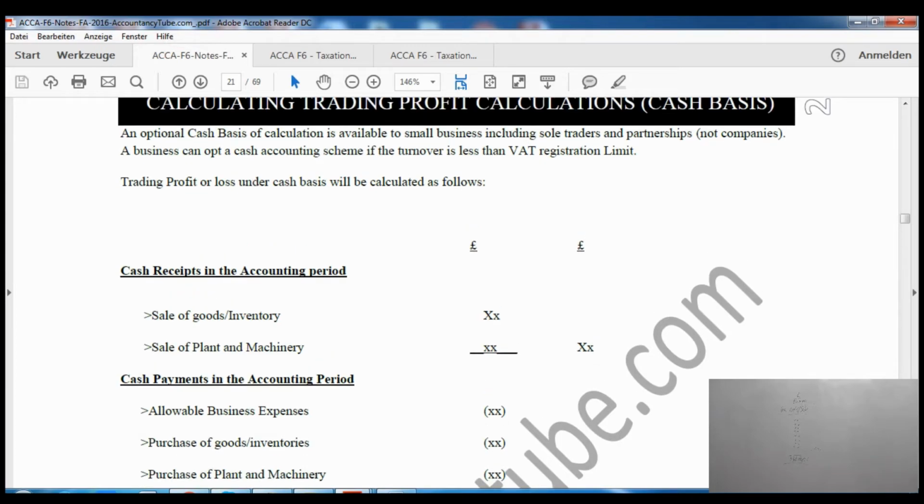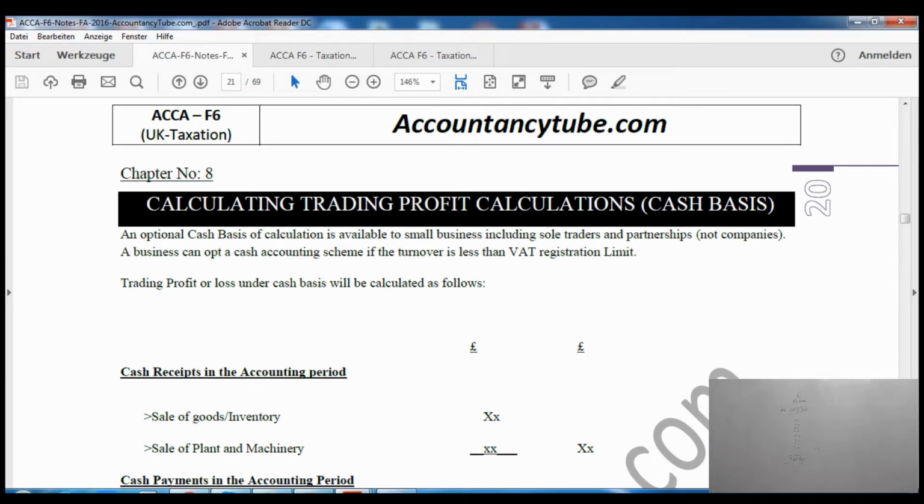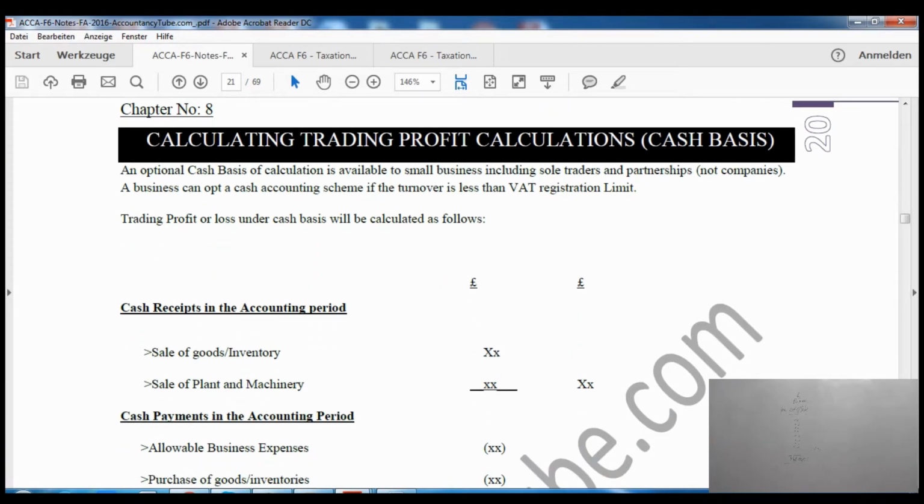The next chapter, which is chapter number 2, takes a little different approach, which is the cash basis, and that's very, very easy as well. You are likely to get some theory questions on this chapter. It's just, I think, a couple of pages, or actually just a 1 page long chapter. I will just quickly go through it with you.